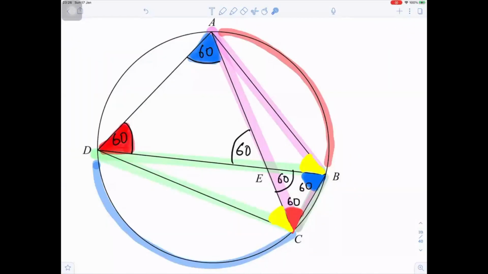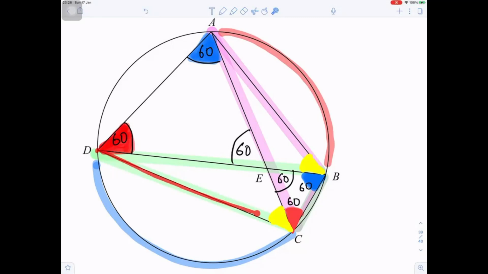So we can see here this triangle, 60, 60, 60, is an equilateral triangle. These 2 angles are vertically opposite, so they are 60 and 60. Now we can use angles in the same segment.